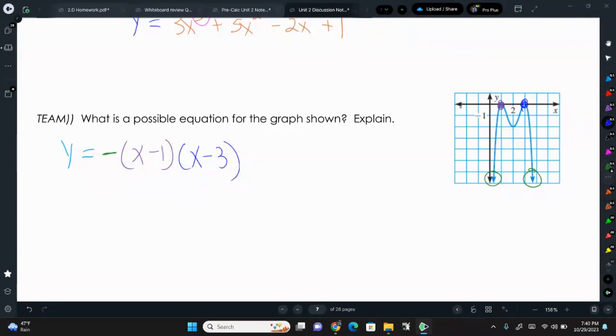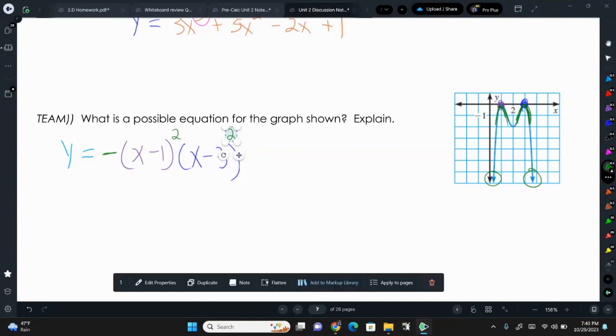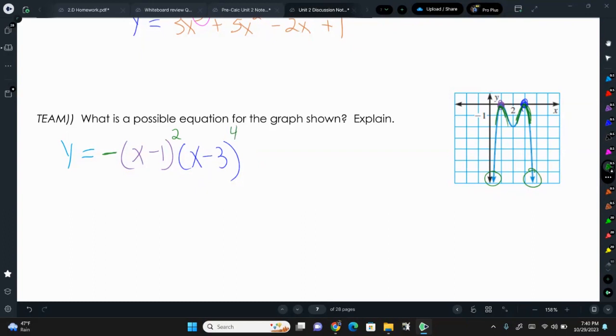Now, because our graph bounces off the x-axis at both of those points, our multiplicities have to be even. So we could have them both be 2's. We could have one be 2. We could have the other one be 4. It doesn't matter as long as both multiplicities are even.